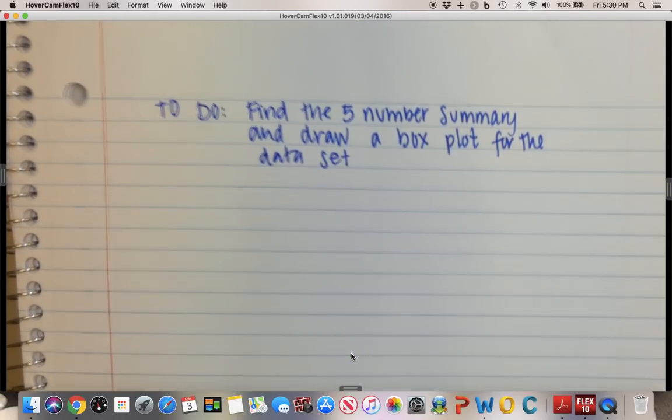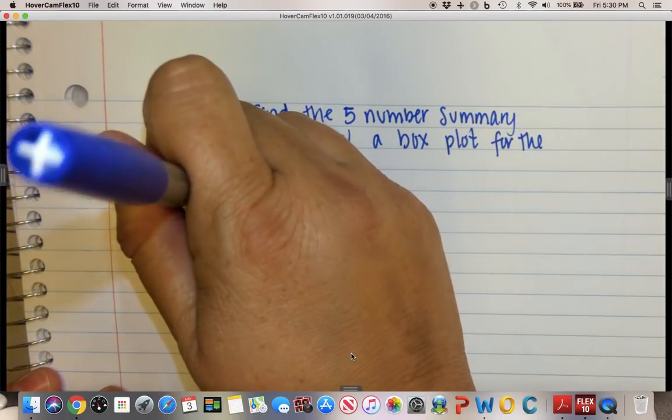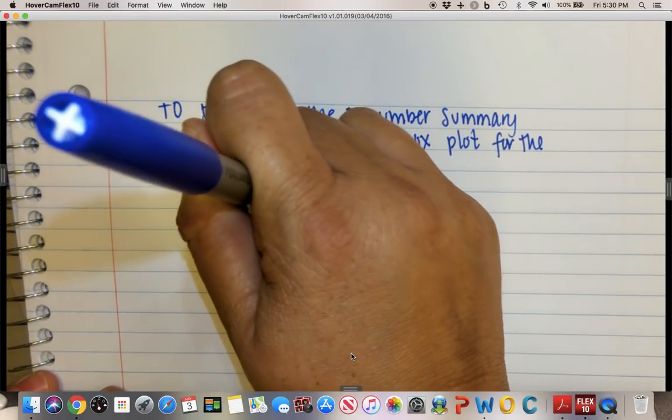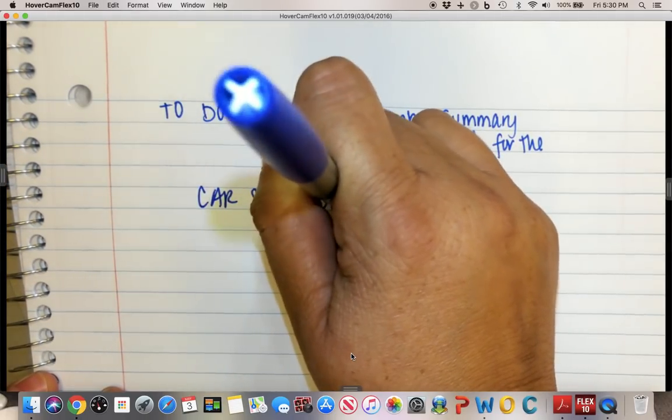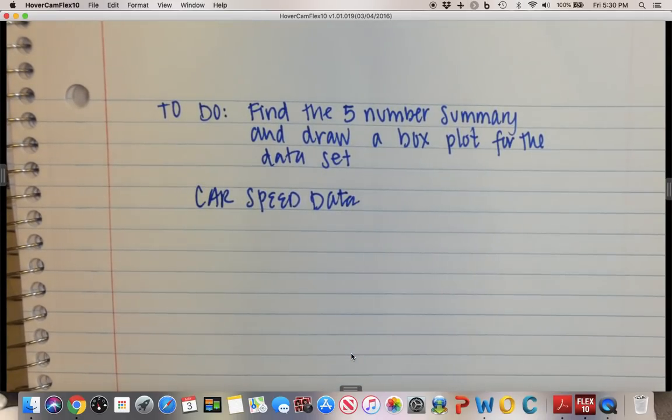Find the 5-number summary and draw a box plot, also known as box and whisker, for the data set. All right. I'm going to give you some car speed data. We're going to say someone built a car and they tested how fast the car went.